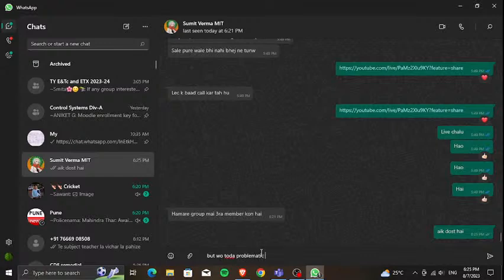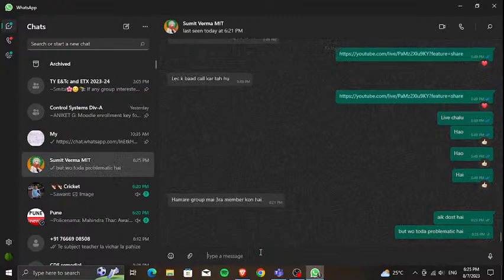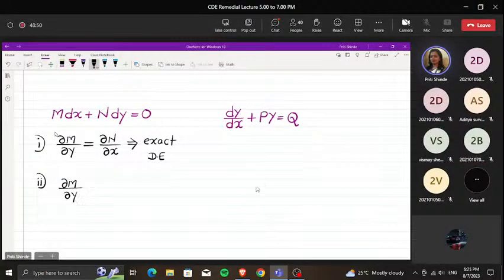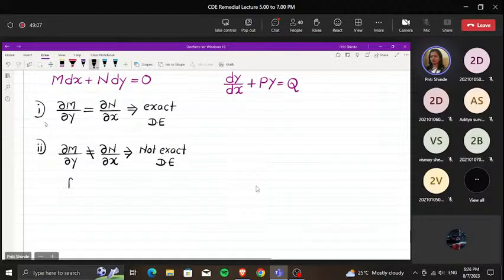First case. Second case, if we get different values, del m by del y is not equal to del n by del x, so my conclusion is the differential equation is not exact. If it is not exact, find an integrating factor using a suitable rule.